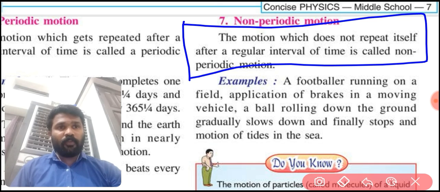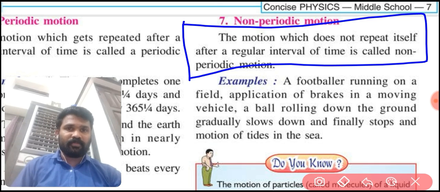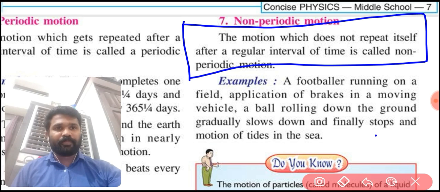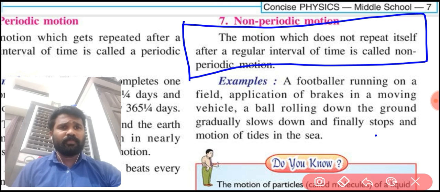Example, a footballer running on a field. Is there any particular time to catch the ball, to kick the ball? No. When he gets the ball, he will kick and run here and there. So it is a non-periodic motion. Another one, application of brakes in a moving vehicle.